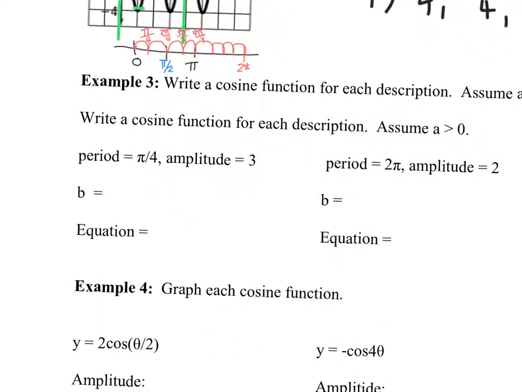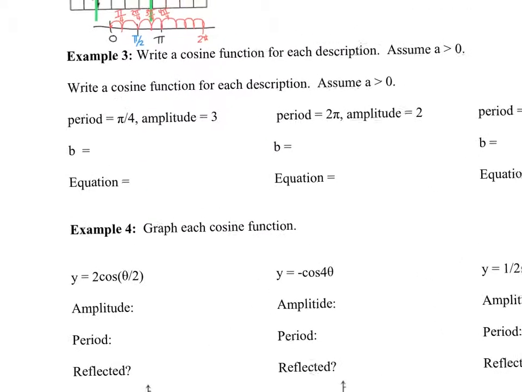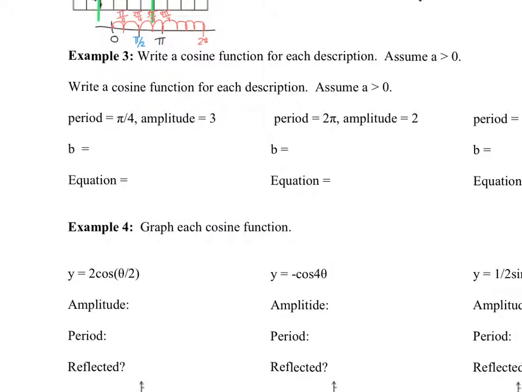Example 3, write a cosine function for each. So assume A is positive. So if the period is pi over 4, I'm going to find my B. So I do period equals 2 pi over B. So in this case, B has to be 8.